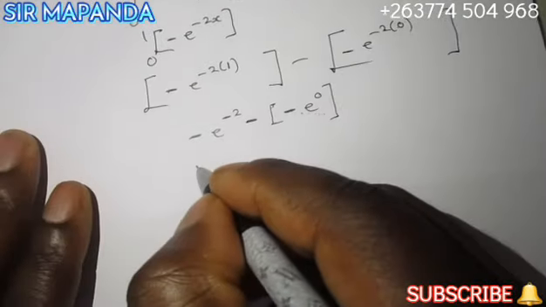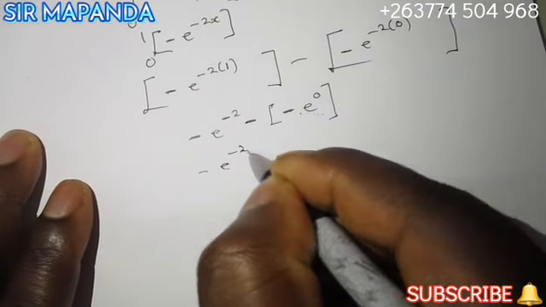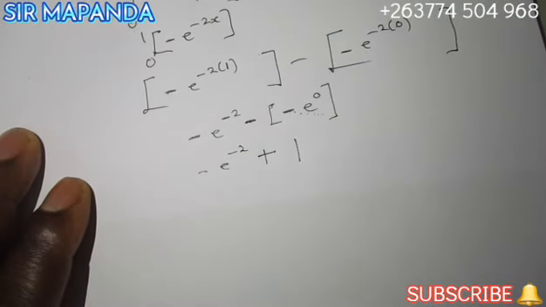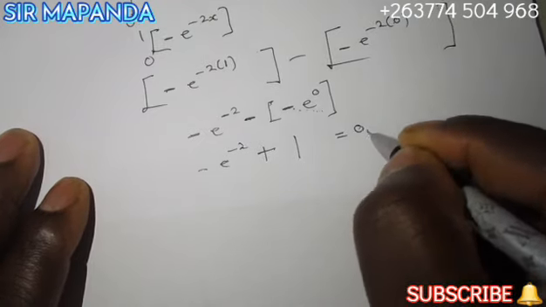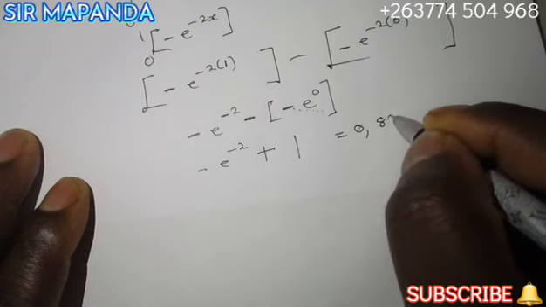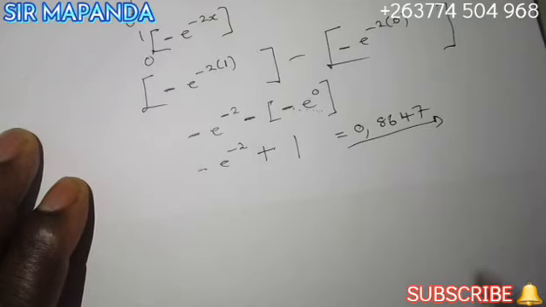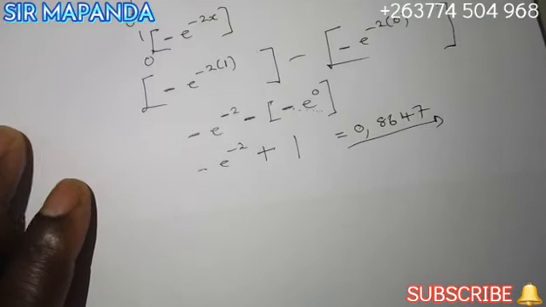So you now have negative e to the power of minus 2, minus and minus, you get plus 1, right? If we punch this in our calculator, minus e to the power of minus 2 plus 1, you get 0.8647, and this is your final answer. I hope you are following class.